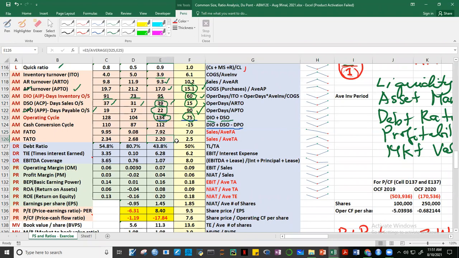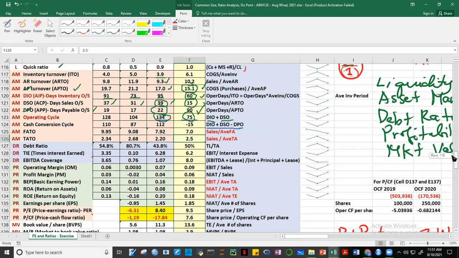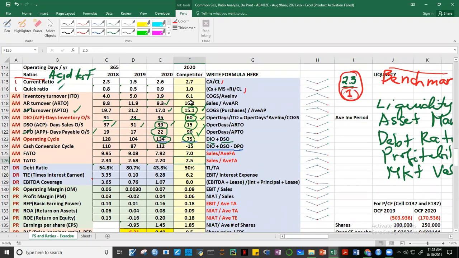So we fell short because we lose in terms of management of current assets. And that can be seen here, right? It's very clear in the inventory turnover and receivables turnover. So it's consistent. When we look at total assets, we lose, but with fixed assets alone, we beat the competitor.